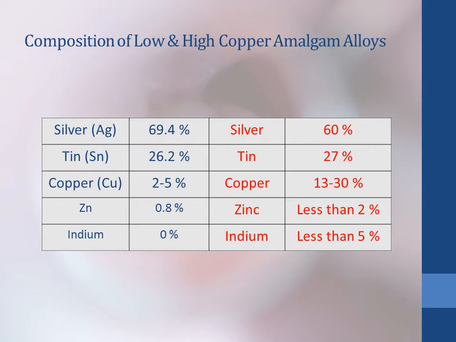If you look at silver, it is less in the high copper, about 60%. Tin is around about the same, 27%. The main thing is the percentage of copper, which is about 13 to 30%. So this is the main difference in low and high copper. As the name suggests, it is basically the difference in the percentage of copper present.